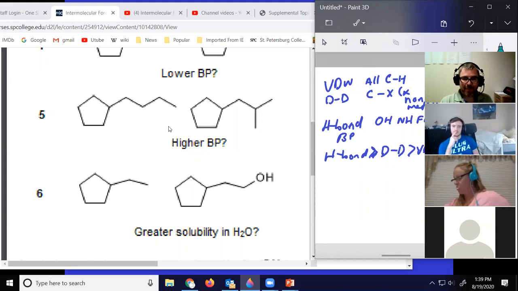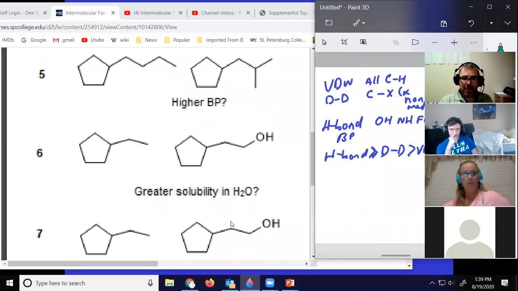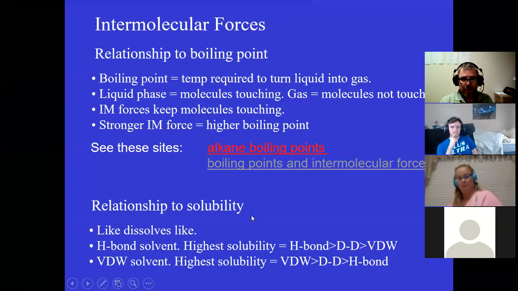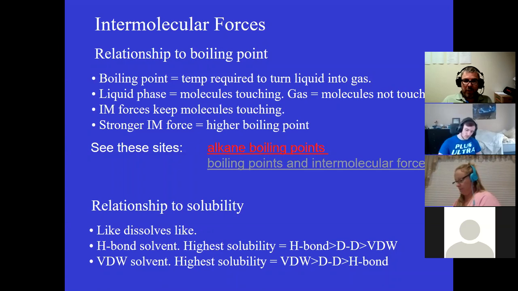All right. Now, the other thing we can talk about is solubility. So we all know that like dissolves like, and we can talk about hydrogen bonding solvents and van der Waals solvents. Now, a solvent is something that dissolves something else. We're only going to deal really with two kinds of solvents.